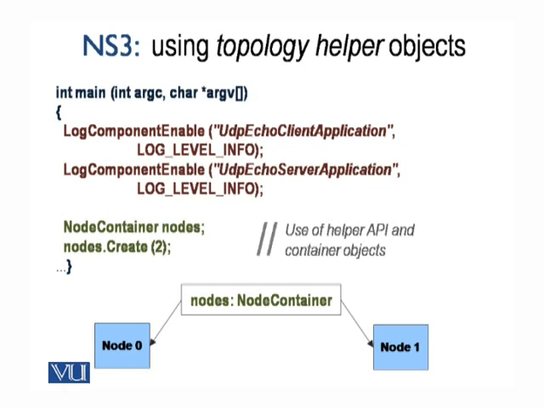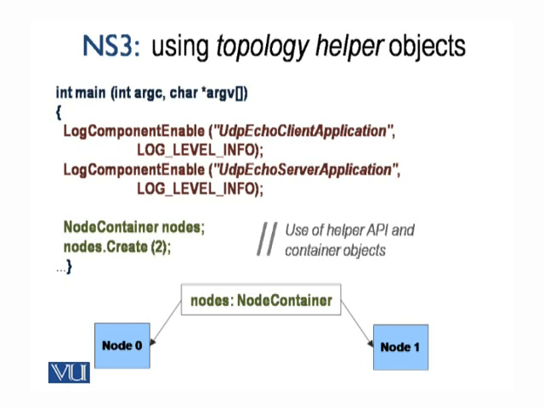So if you see the main file, the first two lines are going to enable the logging capability of the UDP echo client and the UDP echo server that we're going to exchange packets between. And then you see the container statement. This is one of the features of NS3, that we make use of helper API and container objects.